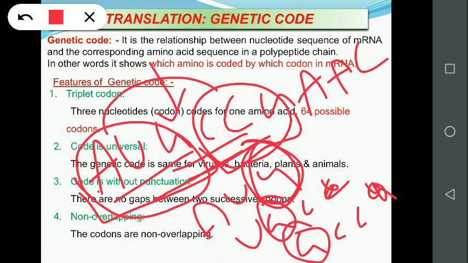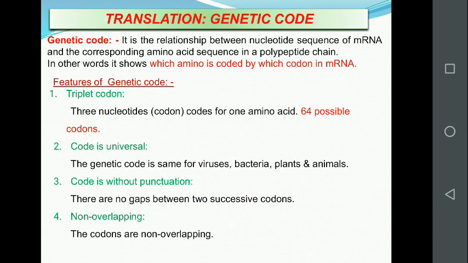In fact, these are the general features. There are some very small exceptions in the case of some features like overlapping, so forget about that and just remember these general features. First is the triplet codon: three nucleotides act as a single code word that codes for its corresponding amino acid.